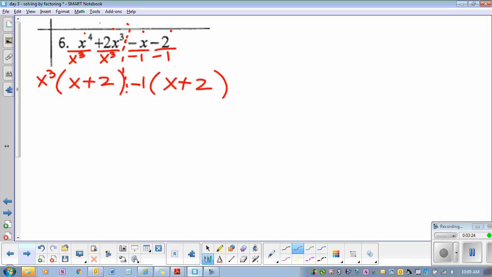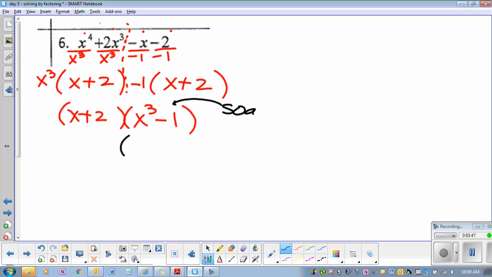Am I doing this correctly? Yeah. Good. X cubed minus 1. So then the x cubed minus 1, what else can we do with that? Soap it. Did you not soap it?